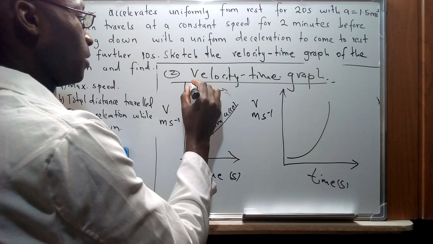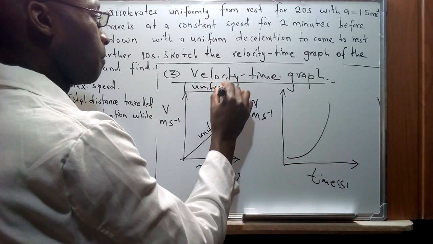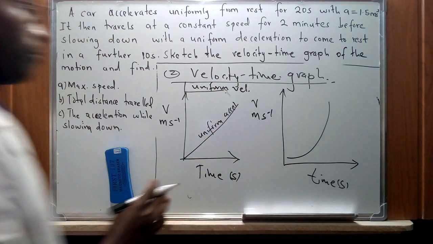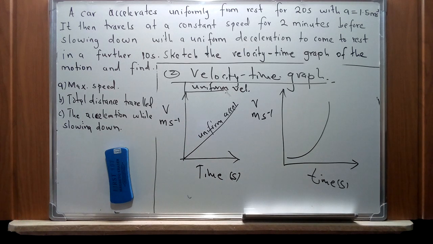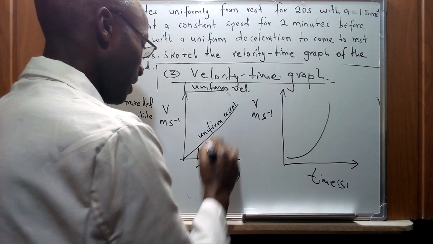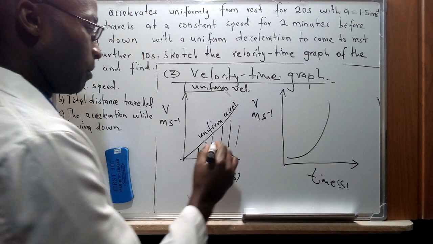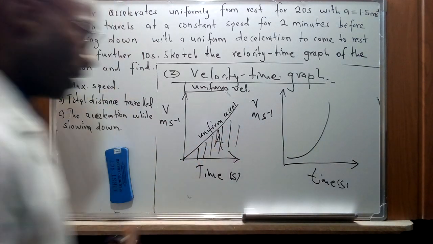For this one, it is with uniform velocity, while the gradient of a velocity time graph represents acceleration, which means the object is traveling at a constant acceleration.